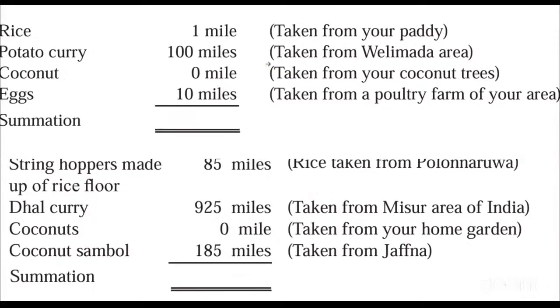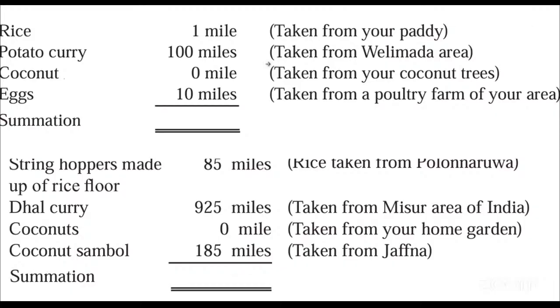For the rice and potato curry, you're bringing potato curry all the way from Vellimada. Yes, 111 miles. Good. One student answered. Next one. Come on, I want you all to wake up and do some addition. Activate your brain. Can I get answers?